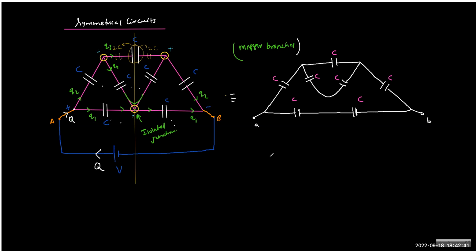As a thumb rule, which I'll also mention explicitly, any junction which lies on the line of symmetry never participates in redistribution of flow of charge, and therefore can be treated as an isolated junction. Hence we can redraw the circuit with this idea to get a reducible circuit, as shown on the right of this circuit.